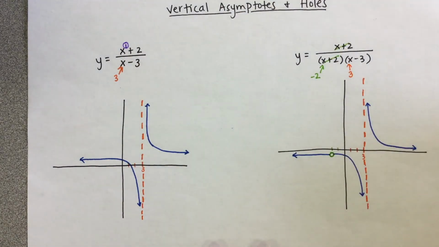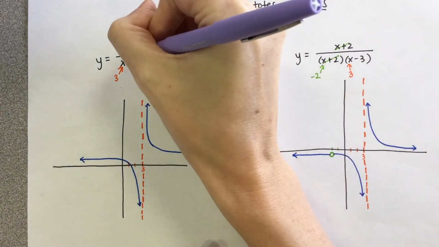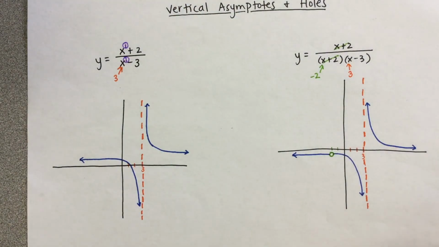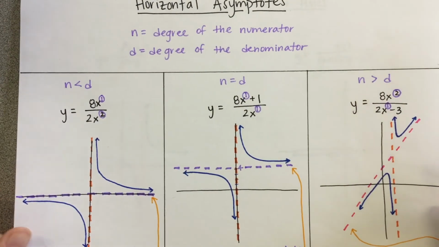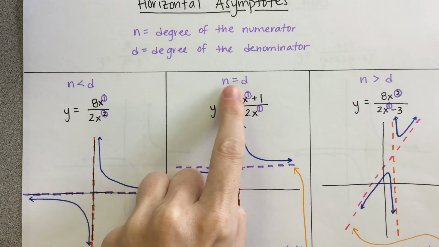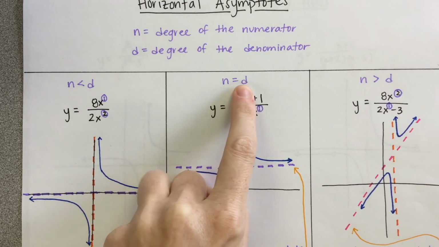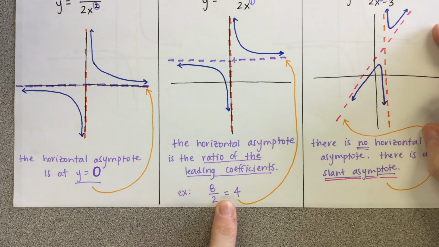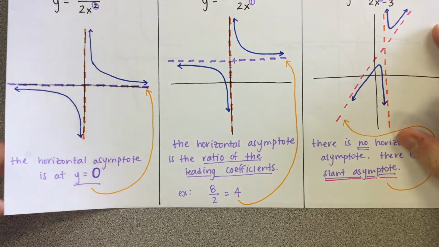So the degree of the numerator is 1. And the degree of the denominator is also 1. They both have a degree of 1. And so looking back here at our 3 possible scenarios, the degree of the numerator and denominator are equal. And so the horizontal asymptote is the ratio of the leading coefficients.